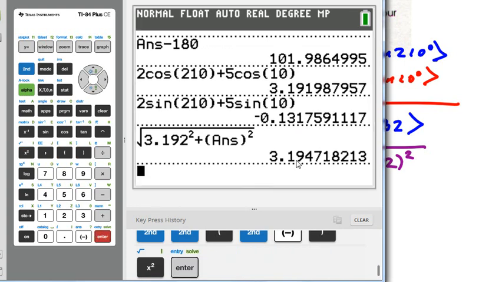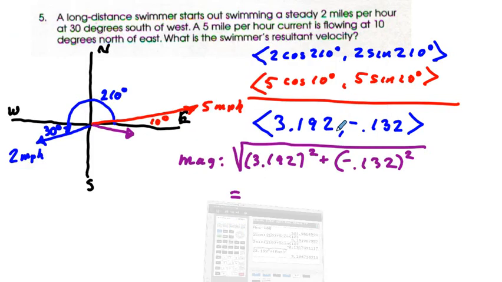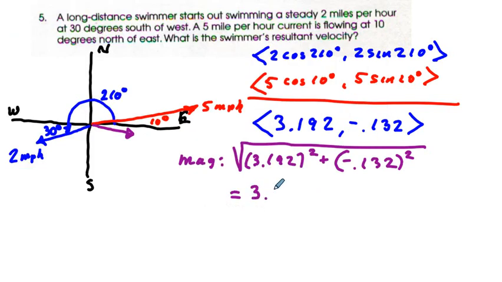So we get 3.195 miles per hour. And so it's also the speed in the opposite direction, kind of where the swimmer is originally headed. In fact, it's going to be bigger than that 2 miles per hour vector. So it's going to be out here like this, kind of. I'm drawing it. That's what it's going to look like.